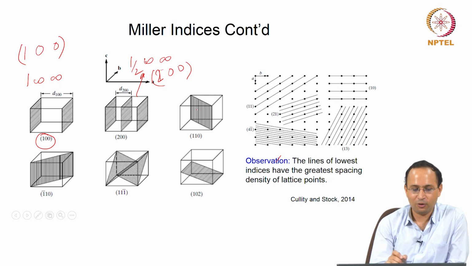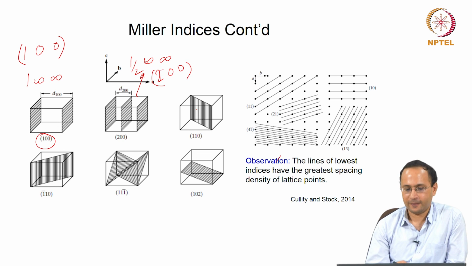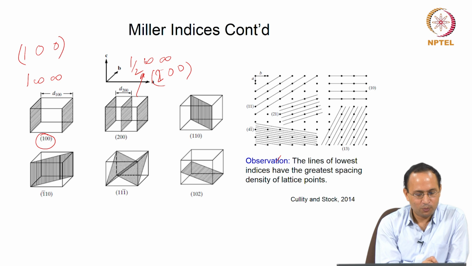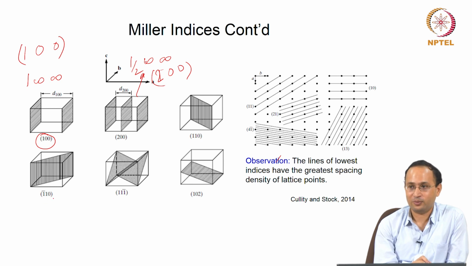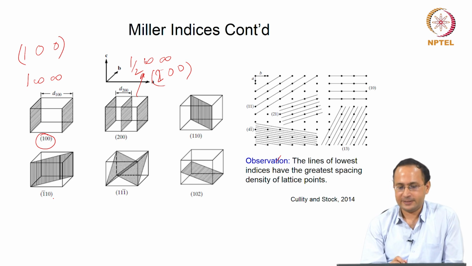Idea is you have to find the intercepts with 3 crystallographic axes and then get the reciprocal. That is how you define the plane. And when there is a negative sign, then you put a bar. So, you see here this plane is represented as 1 bar 1 0. Okay. So, you can practice and see how you get these Miller indices.